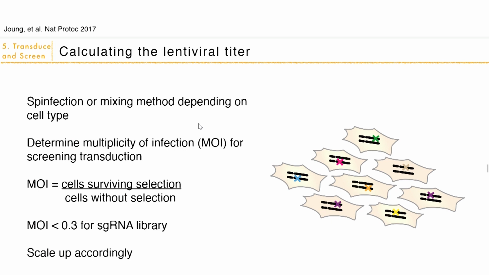And for the sgRNA library, you want to make sure that you use an MOI of less than 0.3. This ensures that you don't have to start out with a gazillion cells, but at the same time, you try to minimize the number of cells that have multiple guide RNAs in your screen. And then from here, after calculating the lentiviral titer, you will scale up accordingly using the same exact method that you used to do the titering in the first place.